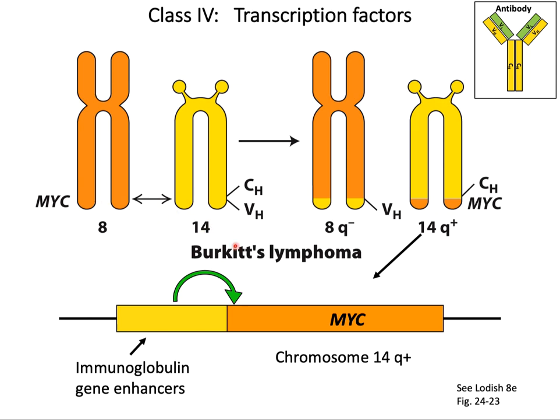On chromosome 14 are some genes that are constitutively on in B cells that make up the parts of the antibodies. Each antibody is a Y-shaped molecule where the top V-shaped part is made up of two chains, variable heavy and variable light chains, VL, where the stalk is made up of a constant heavy chain, or CH.